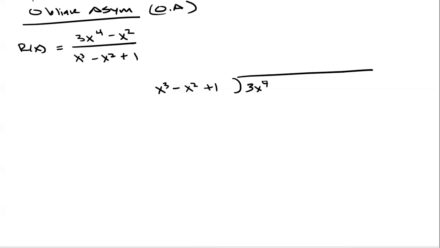Now we have several terms missing, so I'm just going to put placeholders there, you don't have to do this. So 0x cubed minus x squared plus 0x plus 0. You don't have to put the zeros in there, but it just helps me as I try to figure this out. Okay, so just a real quick refresher on division, right?